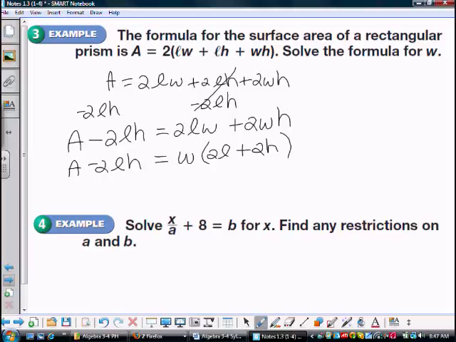So when I have like, 3W equals something, I divide both sides by 3. So now when I have W times 2L plus 2H, I want to isolate W, divide by the 2L plus 2H.